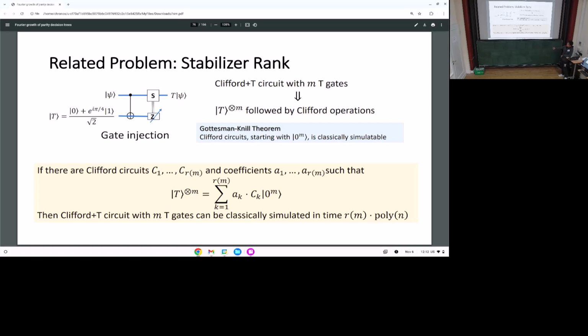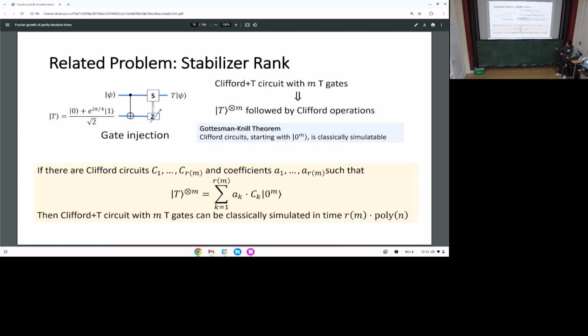If there are Clifford circuits, C1 up to some CR, and there are some coefficients, such that this special state can be written as a linear combination of these Clifford circuits acting on O0, then the original circuit can be classically simulated in time Rm times poly m.